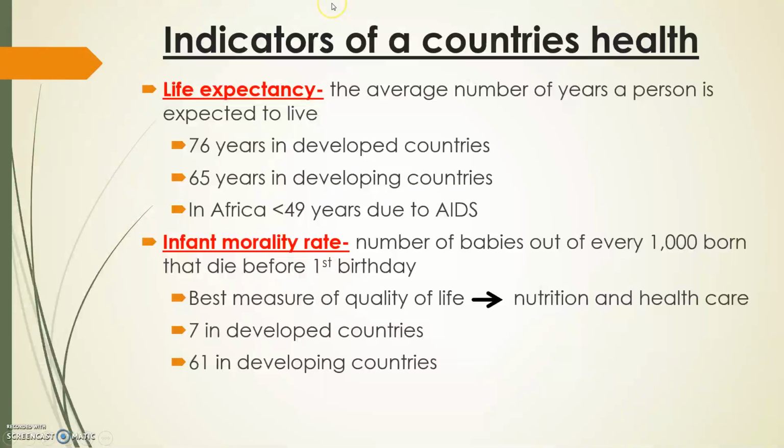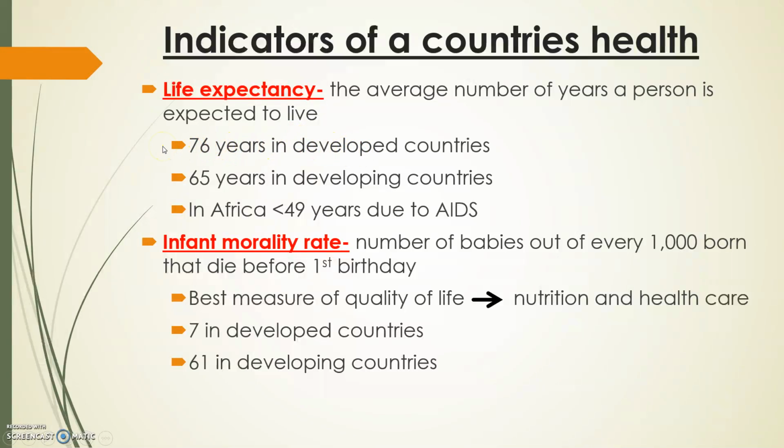All right, here are some indicators of a country's health. So a couple of things: life expectancy and infant mortality rate. So how long you're expected to live and what is the normal amount of babies that are not going to make it until their first birthday. So life expectancy. Developed countries, it's about 76 years old.